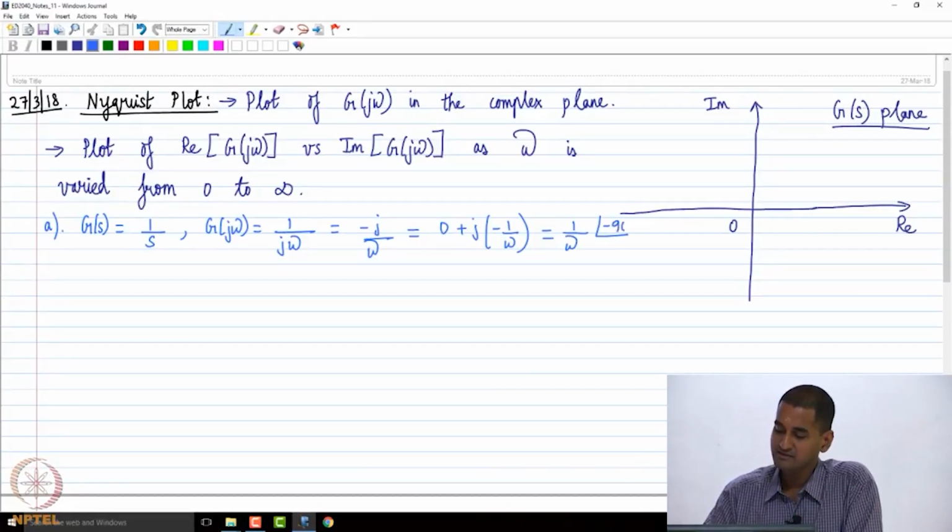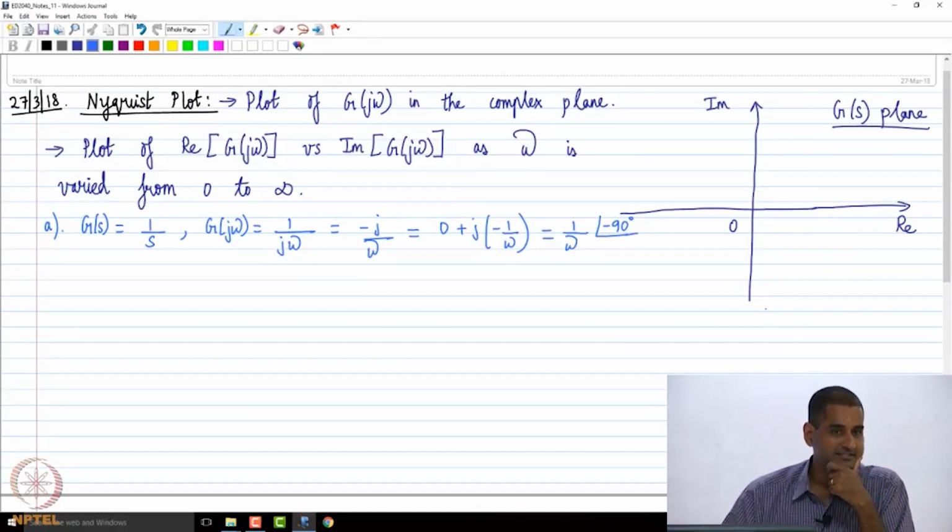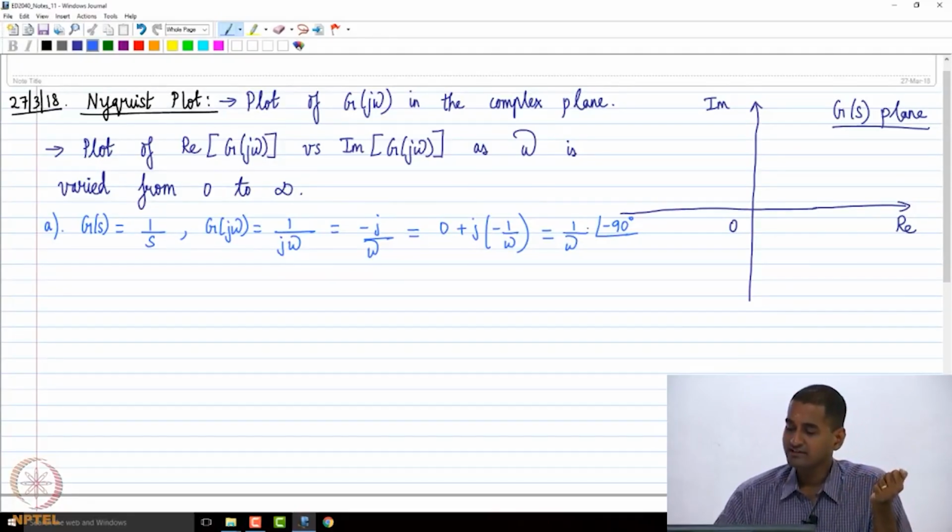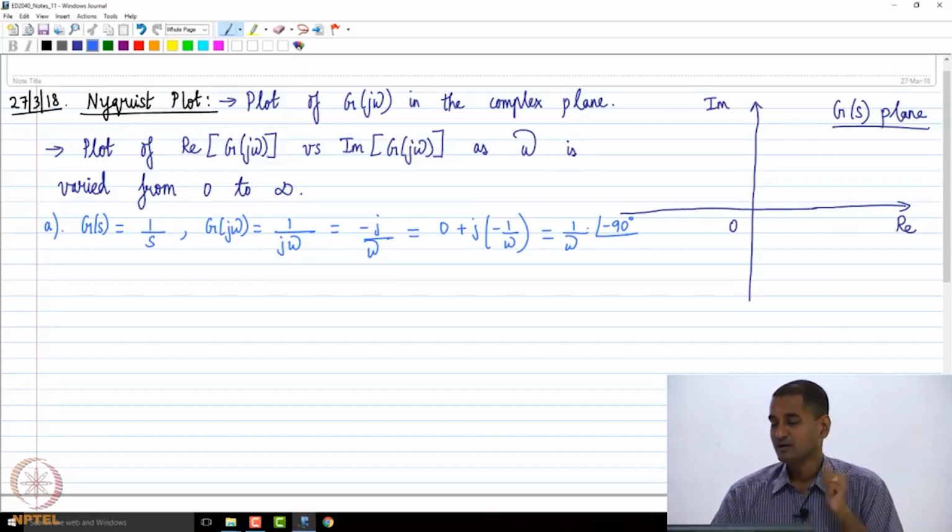It is going to be minus 90 degrees. So you see that the function is always going to be on the negative imaginary axis. So the plot of this particular factor, consequently I can rewrite like this, and if I want to plot this, how will it look? Let's say I plot this on the G of s plane.